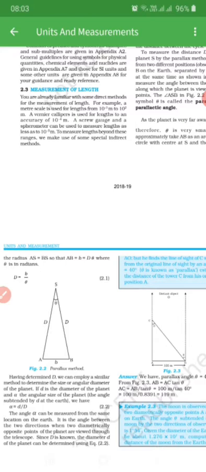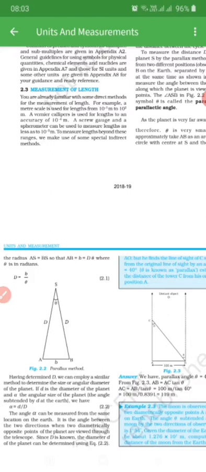If we want to measure a very small thing or a very big thing, which instruments or methods are used, that we have to learn.